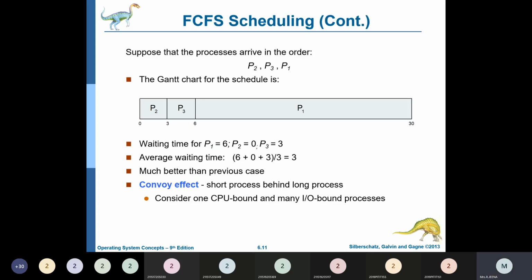FCFS is also used in other cases, as we saw in round robin and shortest job first scheduling, where, when two burst times are the same, FCFS comes in to break the tie. Whichever comes first in the arrival order goes first. Waiting time is calculated by how much time the process needs to wait.